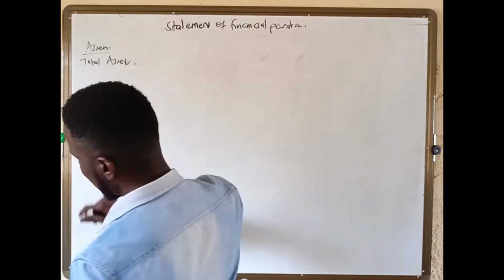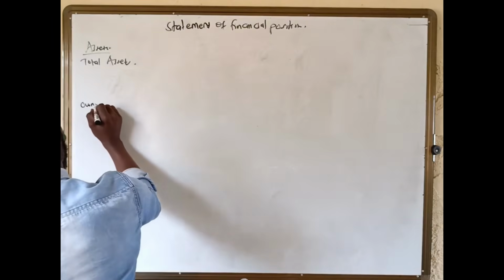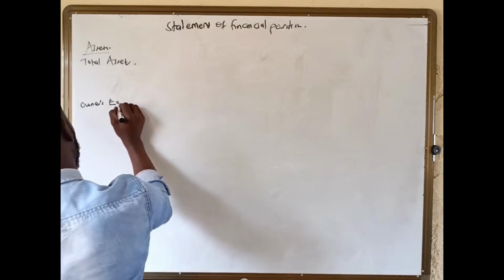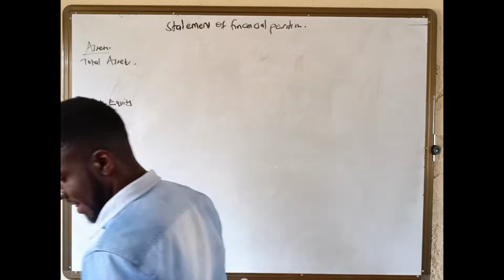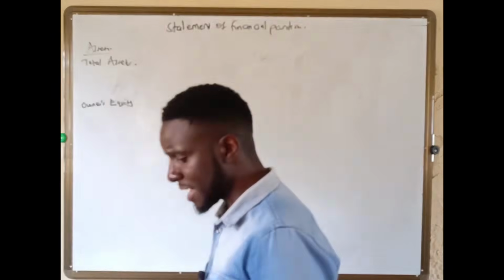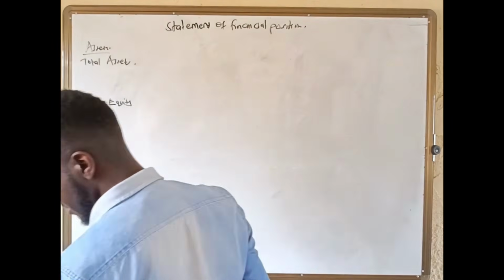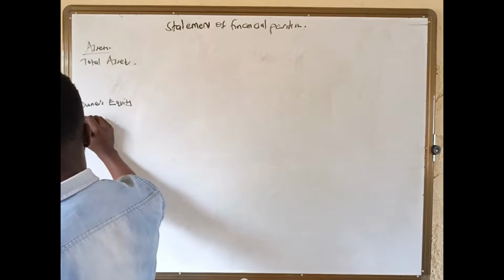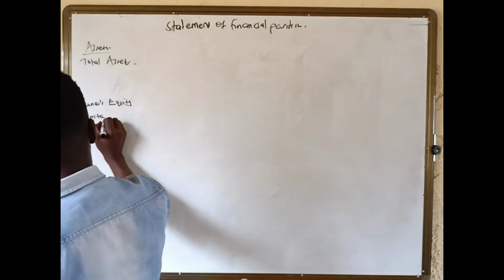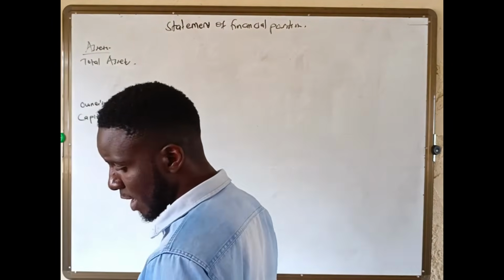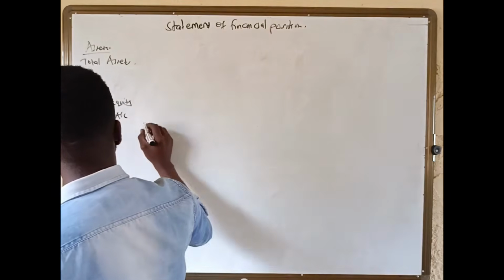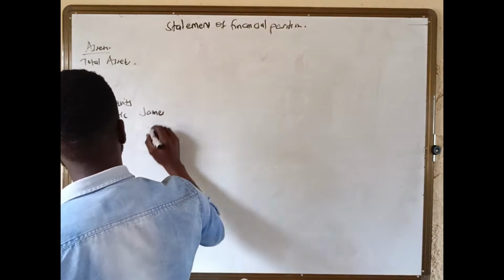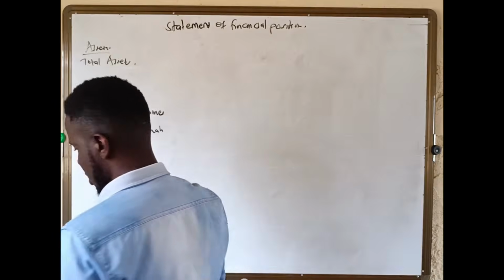Then we come under owner's equity. And therefore, we shall say under our owner's equity, we shall have our capital. So we shall have our capital account, and then we shall have James and Jonah.